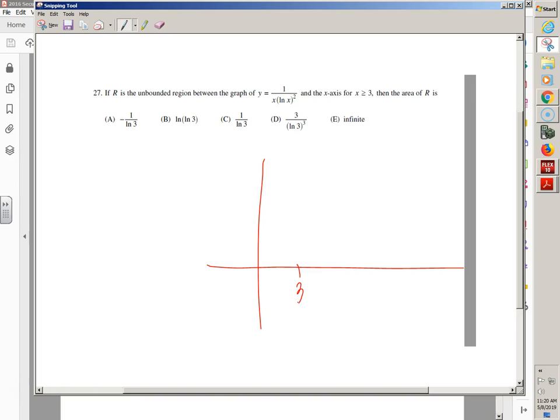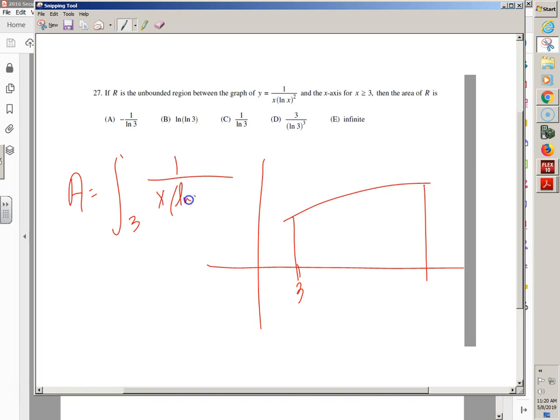I don't know what this dude looks like. I have no clue, but I do know whoever he is, he's up. And if I know he's up, well then if they're talking about area under, I know that area is going to start at 3 because that's the beginning point of my top minus bottom, which is just this dude minus 0.